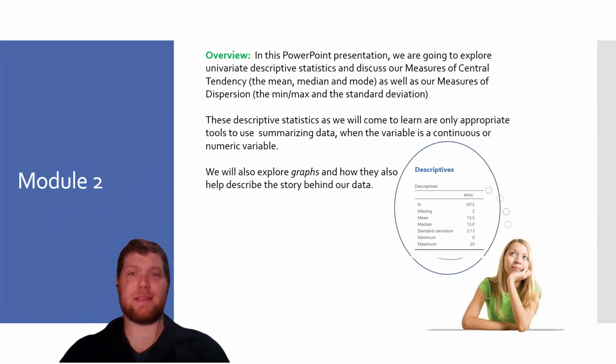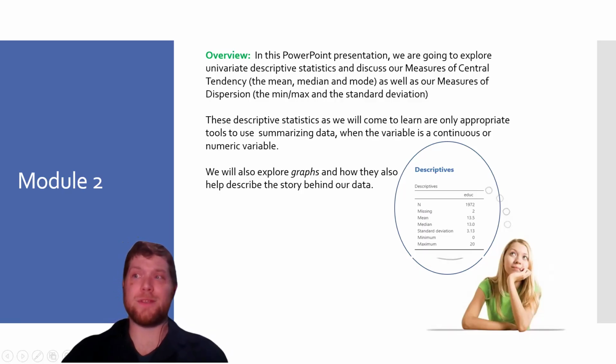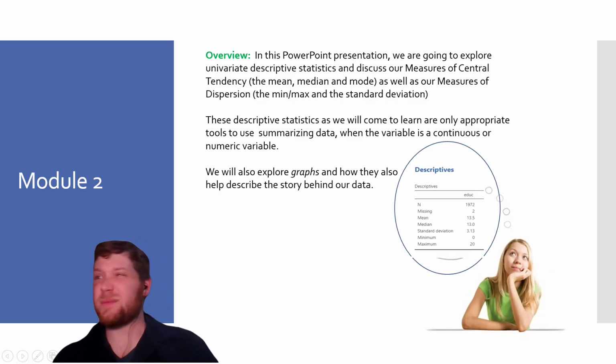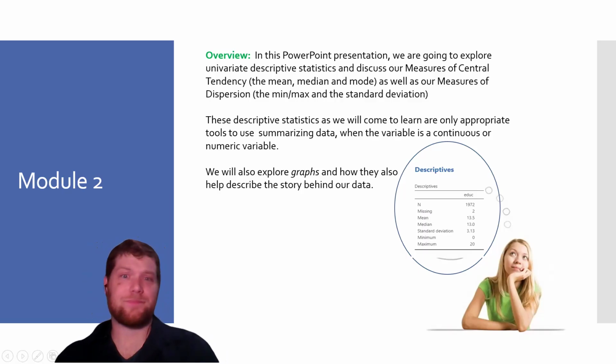These descriptive statistics, as we'll come to learn, are only appropriate tools for summarizing data where the variables are continuous, or essentially what we call numeric in nature. We'll also explore graphs and how they help describe the story behind our data and explain what's really going on.